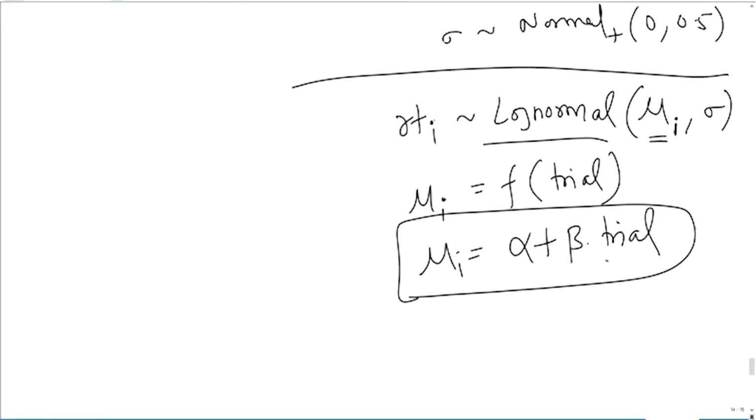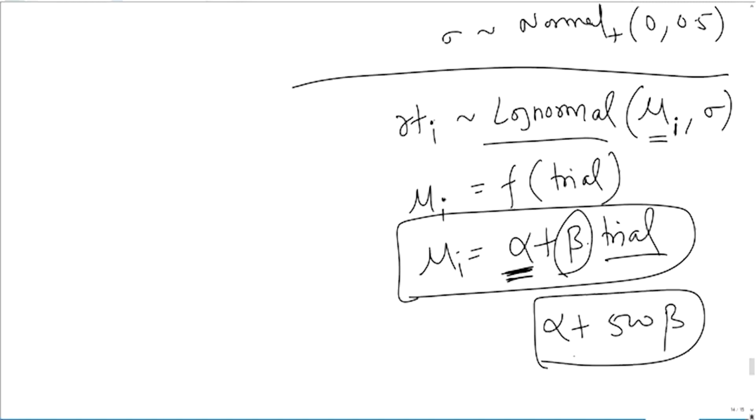So when trial is 0, in the beginning the median is alpha, but as trial ID increases, it changes at the rate beta. With each trial it changes by this amount beta, and by the end of 500 trials this would become alpha plus 500 beta.